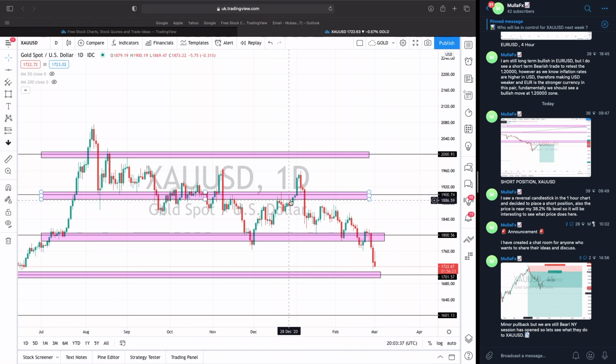Yes, you might see gold loves to do a fake breakout and go all the way down to the next channel. But if you understand candlesticks, and you look at fundamental news and different factors in trading, it will help you understand more about your currency and how it moves. Because now you understand that price has moved from 2000 on the 18th of August 2020 to now the 2nd of March, and price is almost hitting 1700.